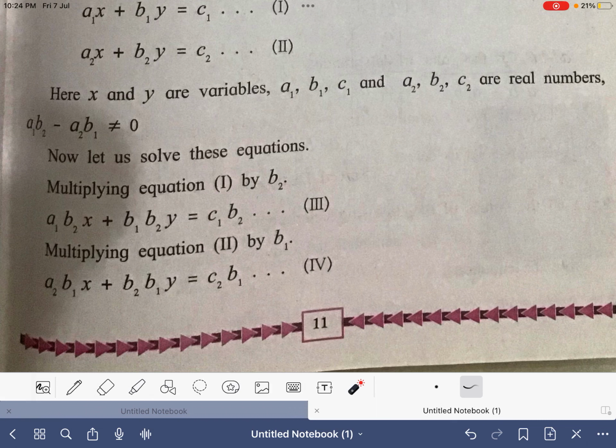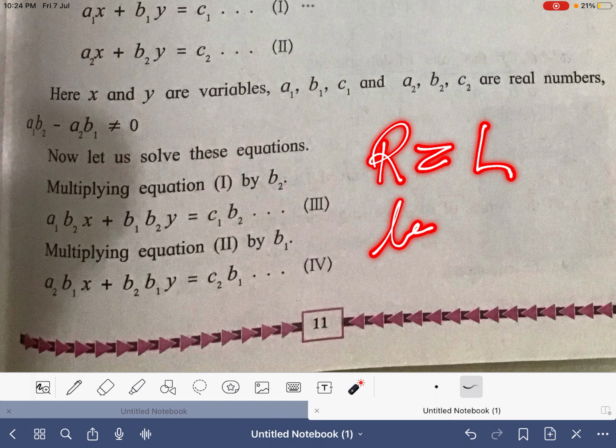Now simplify this again. Take an example: if you multiply the right side, then we have to multiply the left side by the same number. Just take the example of shoes: we use both shoes at the same time, left and right.